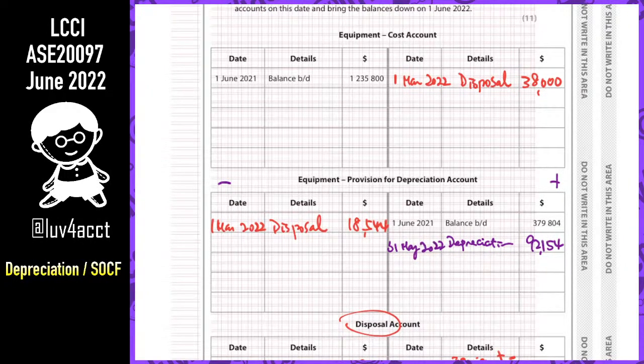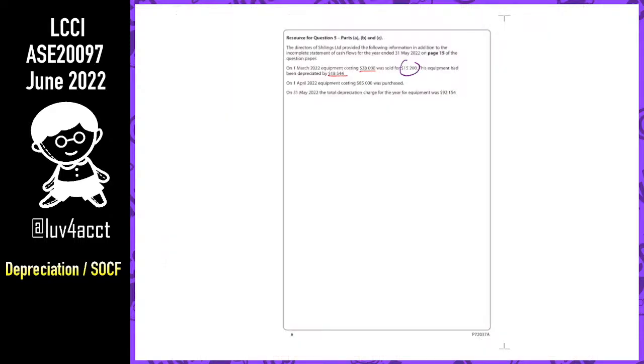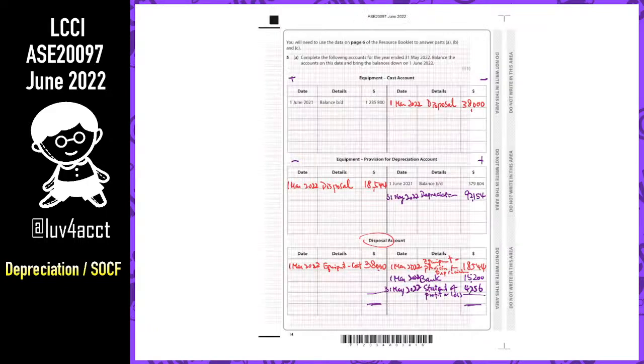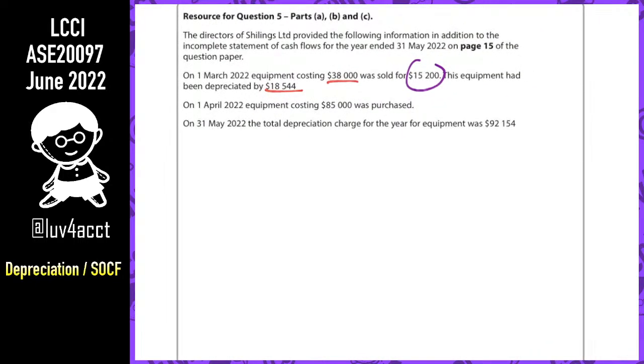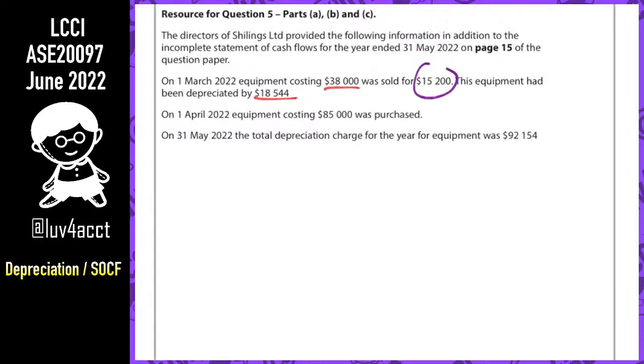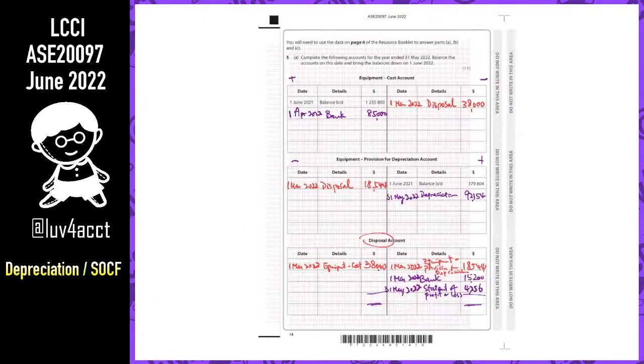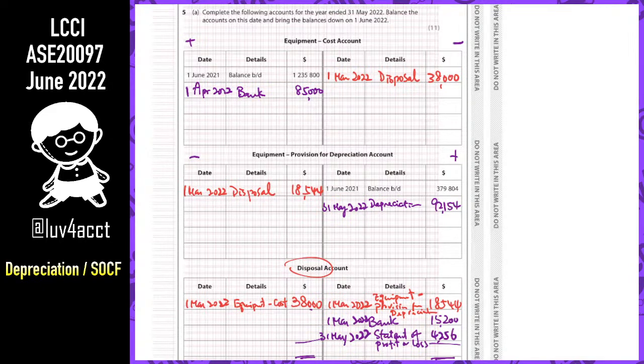I want to put in the purchase of new equipment as well. When do you make that purchase? Let me see. 1st of April, year 2022. Bank, is it bank? Let us go back and see. Not specified, so always assume it is bank. I am very tired already.